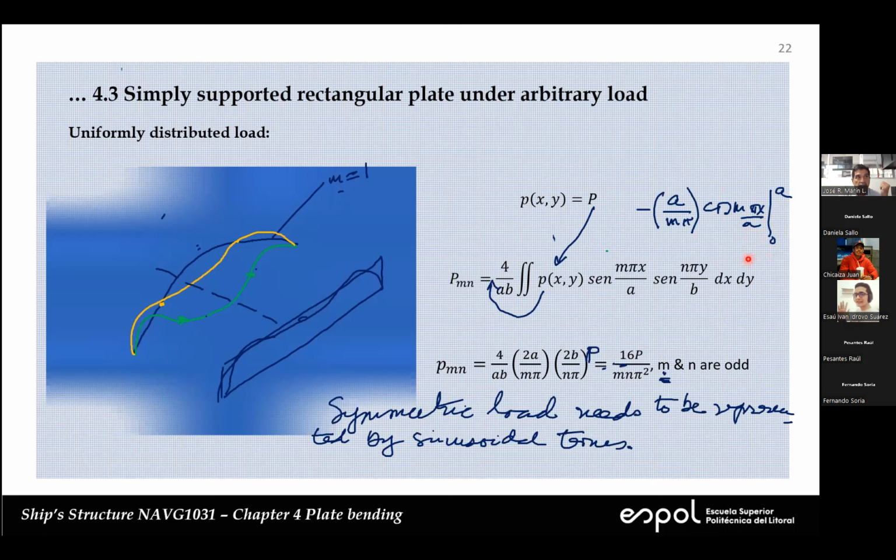So the result is 0. The only values which are different than 0 are when m and n are odd. In that case, for example, for 1, you get cosine of pi, that's minus 1, minus cosine at 0, which is 1. So it's minus 2. With this negative, here we get positive.